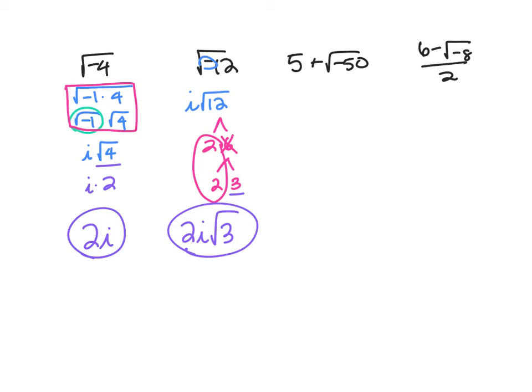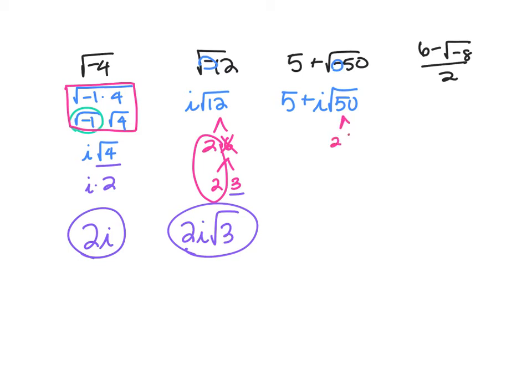This next one, 5 plus the square root of -50. It does not matter that there's now addition or subtraction in front of it. The big change, we see that -50. We can pull the i out front and make it i root 50. So it just turns into a coefficient of that square root. And now from here, again, the square root of 50 is not a perfect square. However, it can simplify.